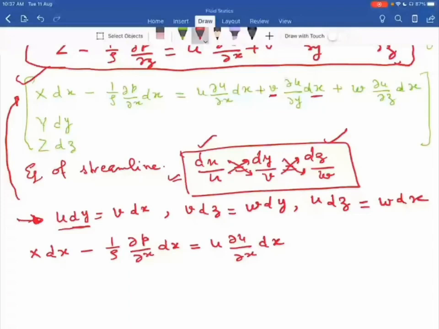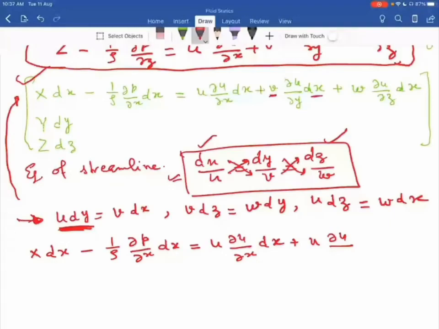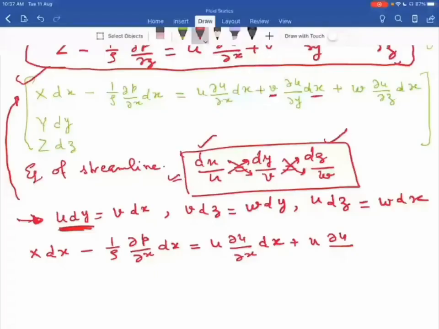So v dx I write as u dy. ठीक है, so plus u ∂u/∂y dy. ठीक है, and third term you have w dx. So w dx को आप रिप्लेस कर सकते हो u dz से. So third term is u ∂u/∂z dz.